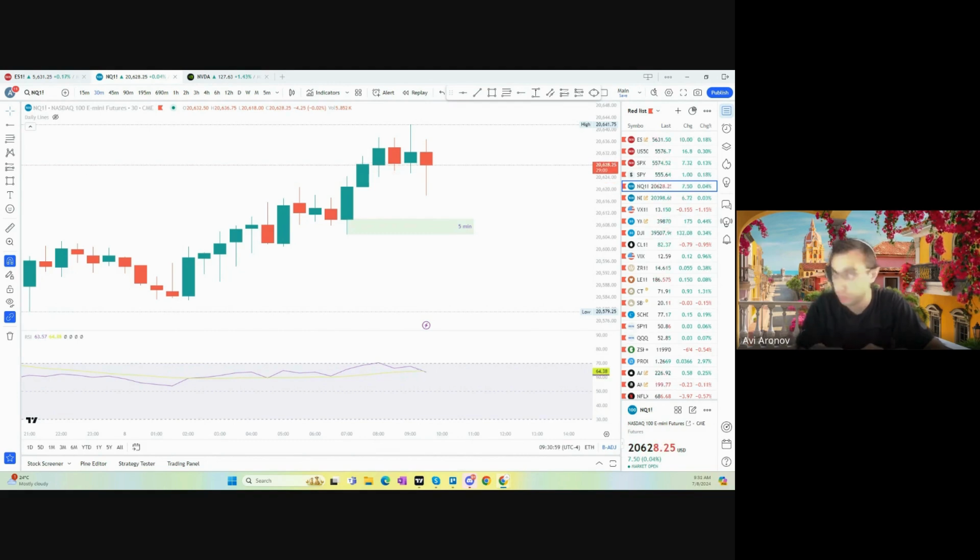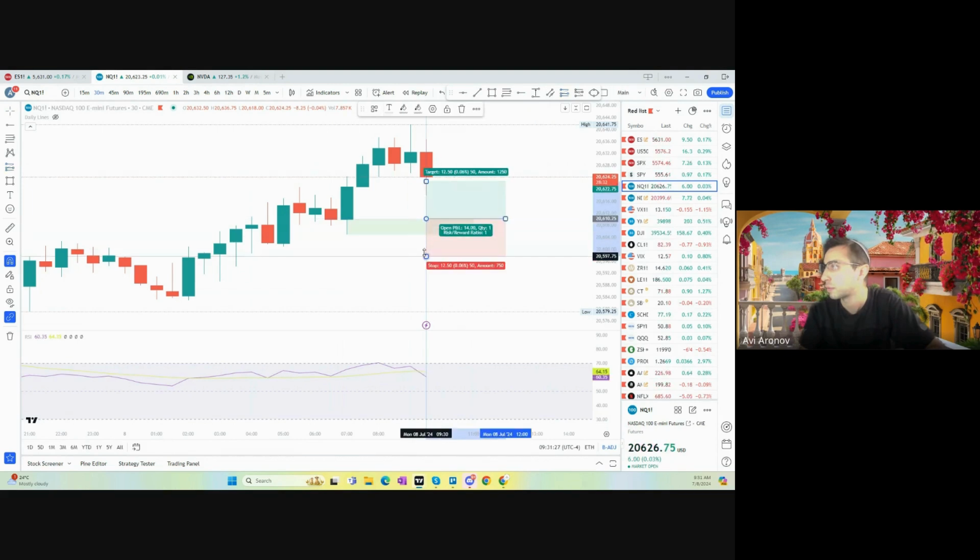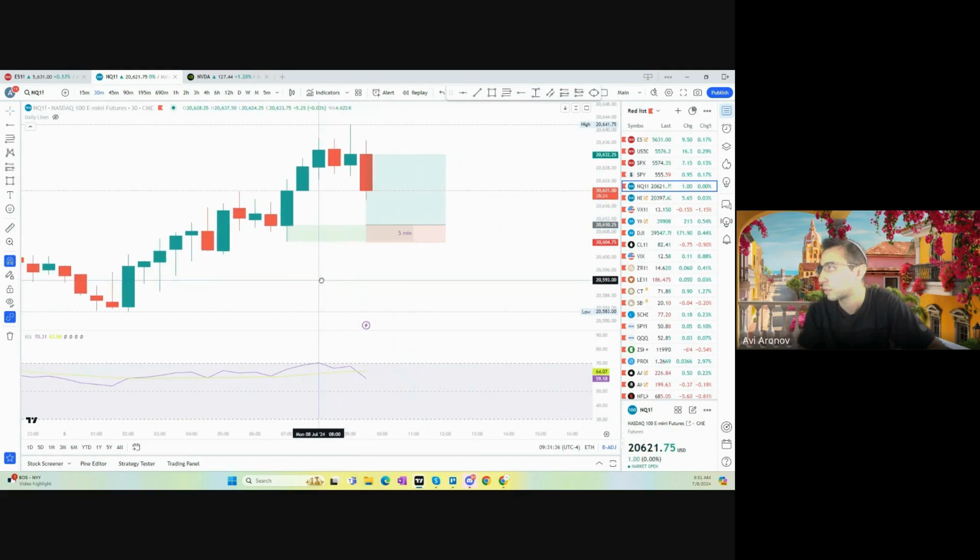So we will buy 2 positions, 2 lots at 2610.